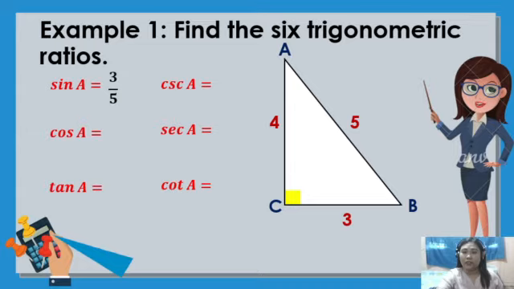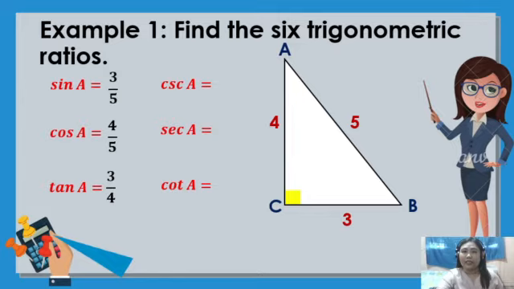So, cosine A is equal to 4 over 5. Tangent A is opposite side over adjacent side. Ang opposite is 3 and ang adjacent side is 4. So, we have here 3 over 4.